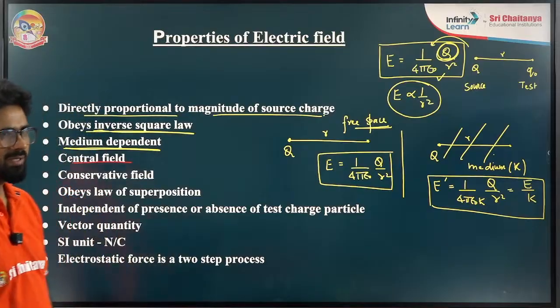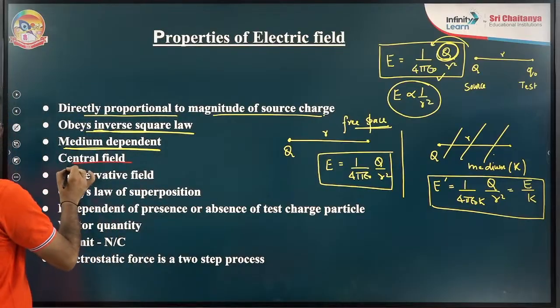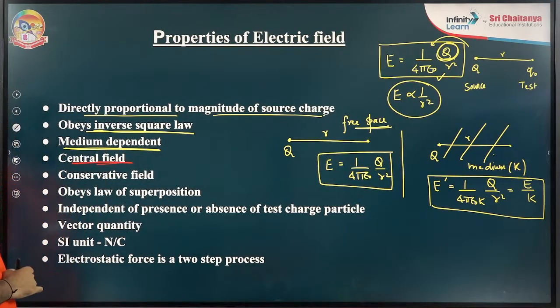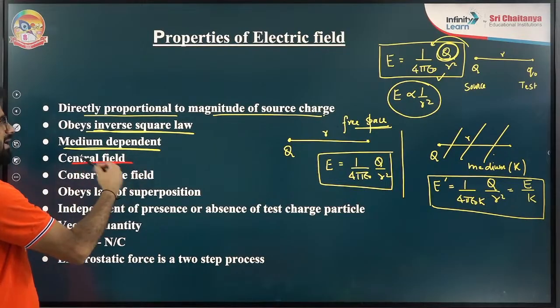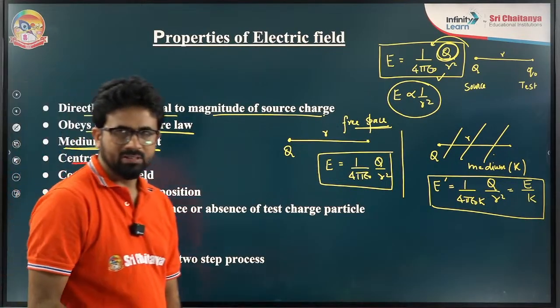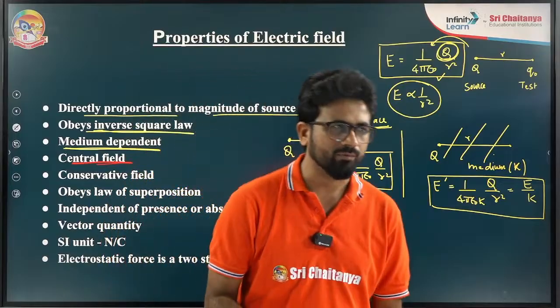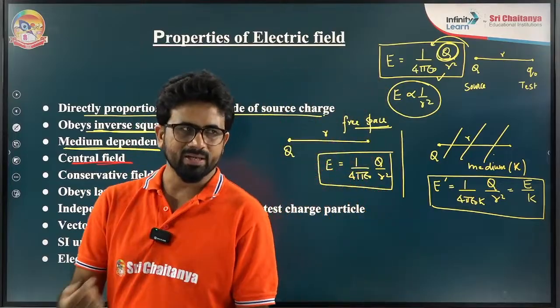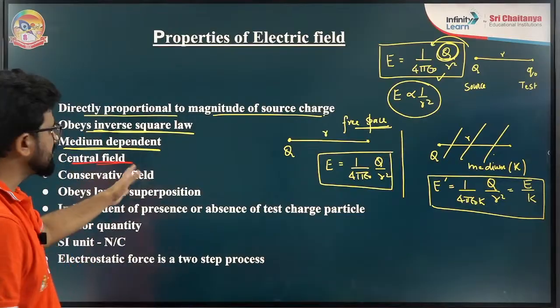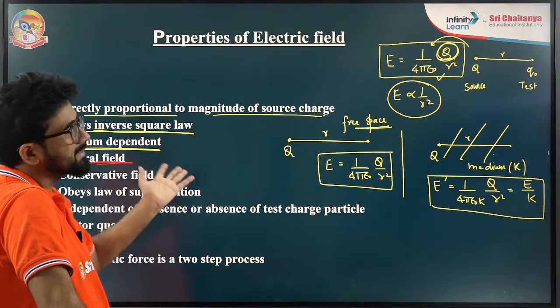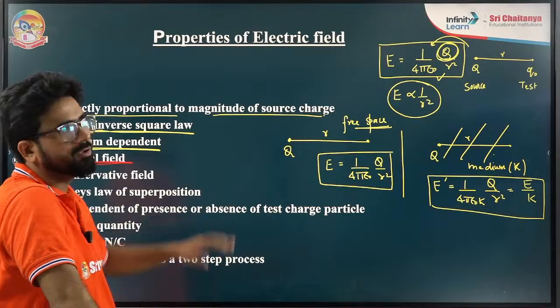Okay, now come to the next point I am discussing: the central field. This is a central field, just like central force. The electrostatic force, Coulomb's force, we have discussed. Very good, Kamala. We have discussed the Coulomb force; that is the central force. Similarly, this is also central force.